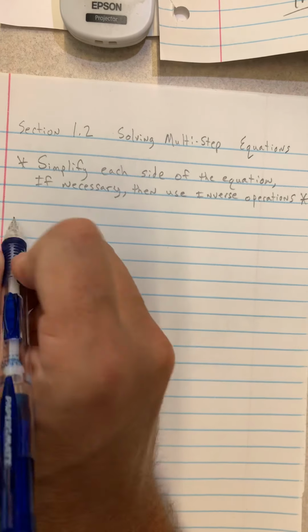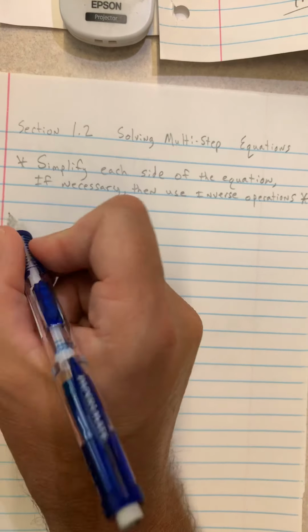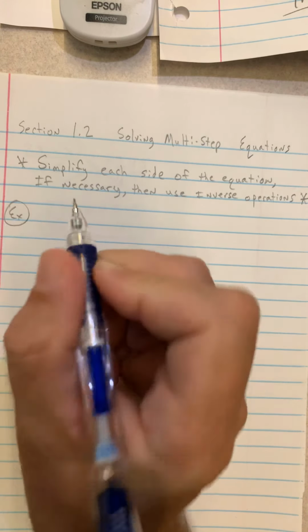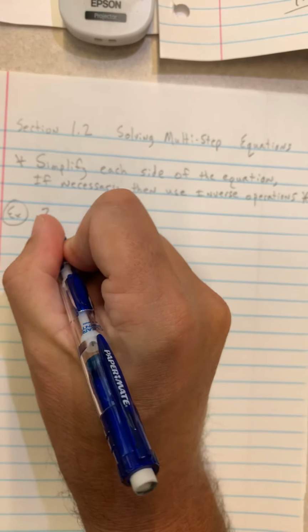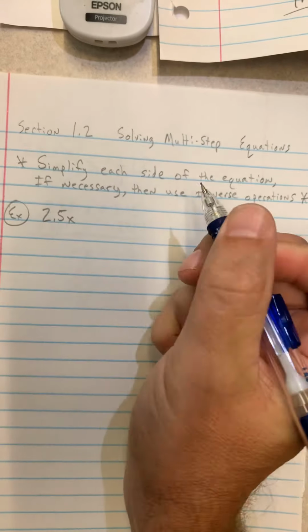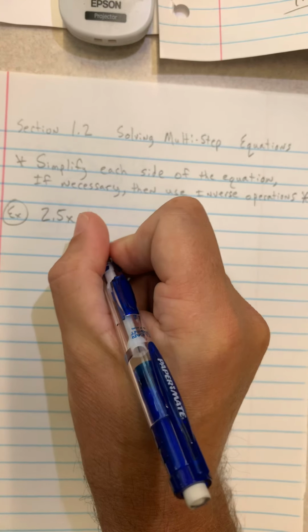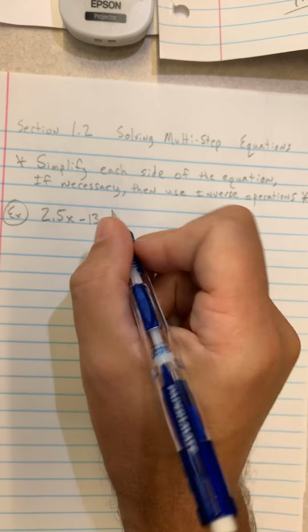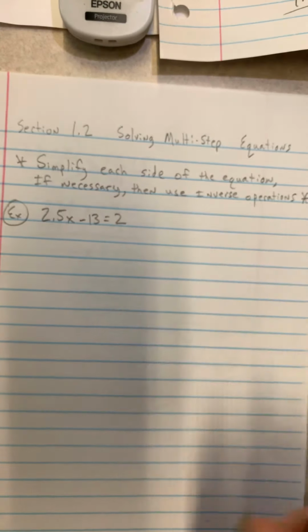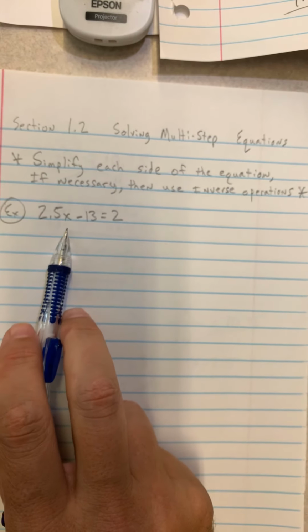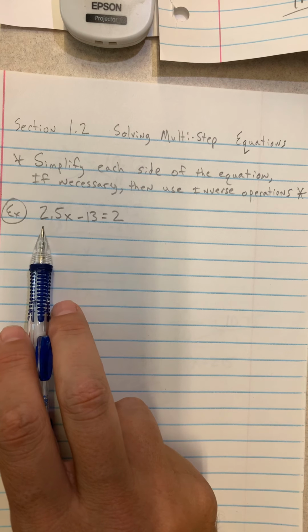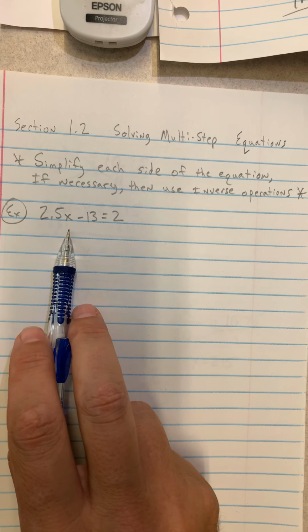There's nothing really we need to explain. I just really want to show you a bunch of examples on what you're going to run into on your homework. So here I have 2.5x, subtract 13 is equal to 2. If I gave you this equation and I said, let's substitute a number in for x.